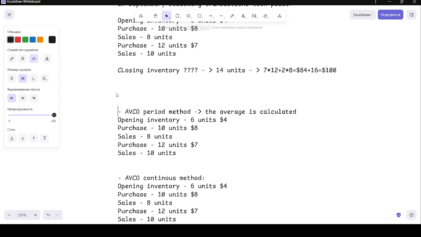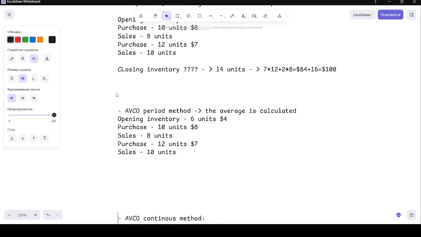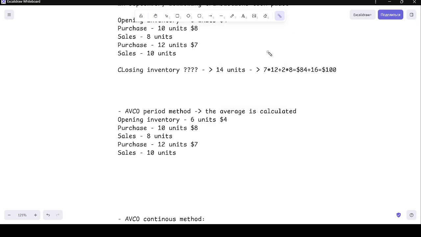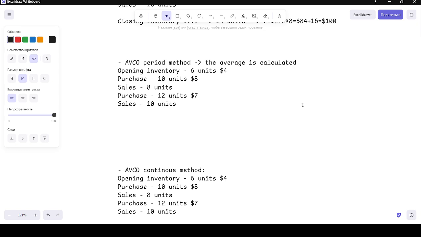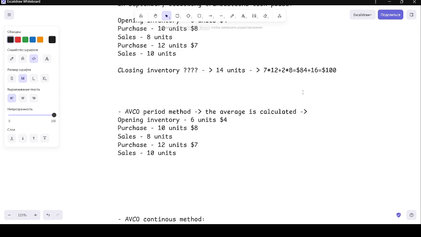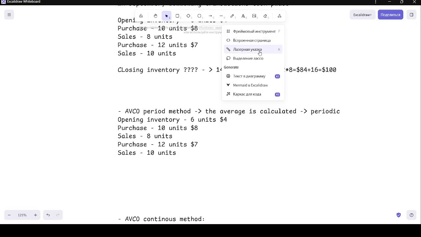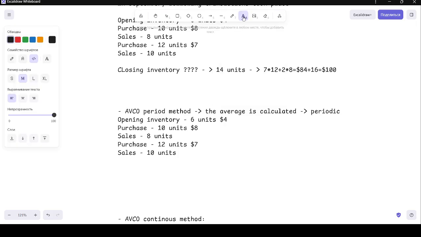We have the AVCO method. There are two methods of AVCO. First of all, the average calculated in the periodic method. How do we find it? We have the formula.